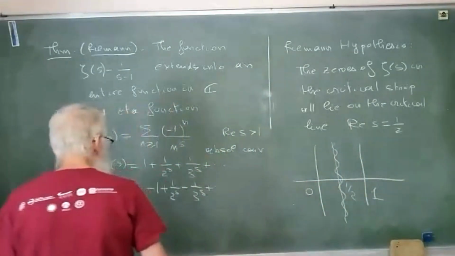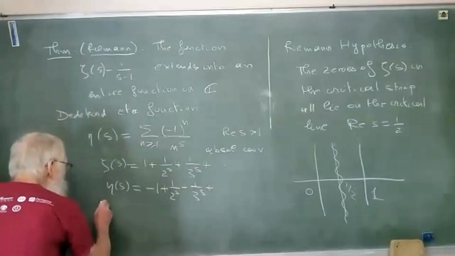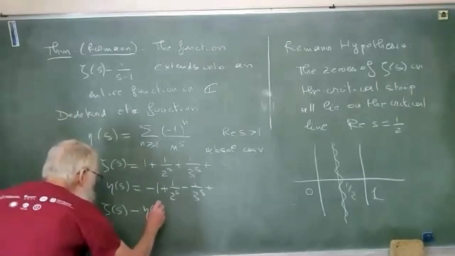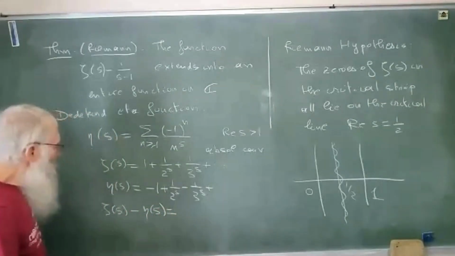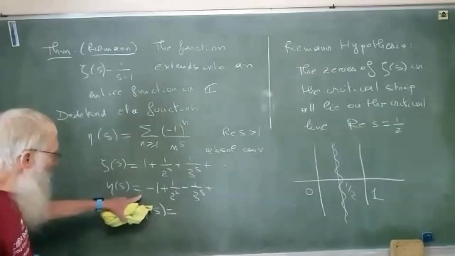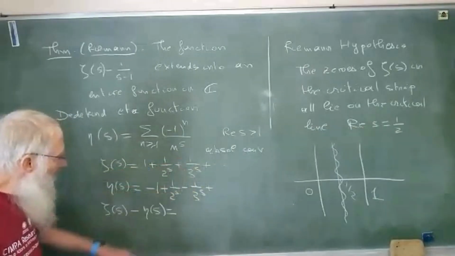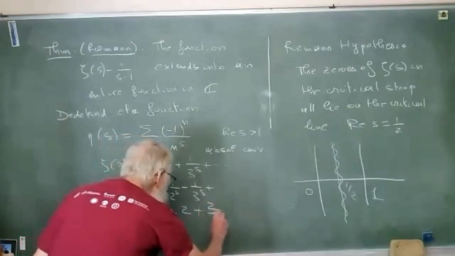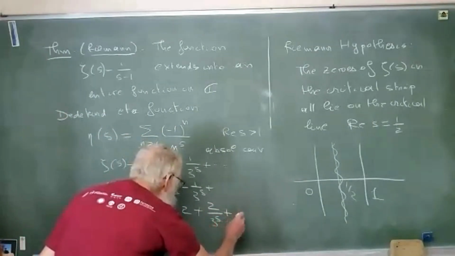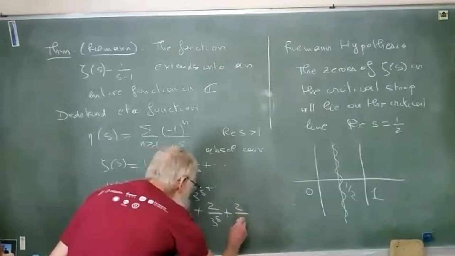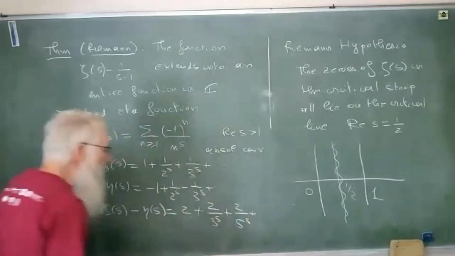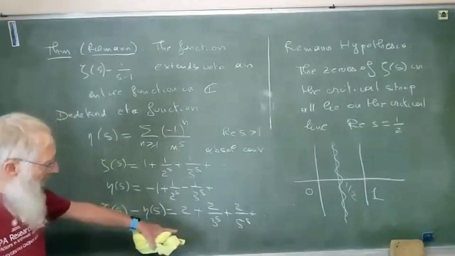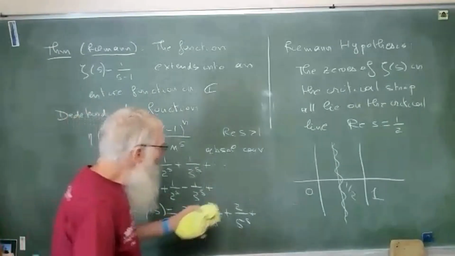So if we take zeta of s minus eta of s, we have 1 plus 1, which is 2, and then 2 divided by 3^s. So it is 2 plus 2 divided by 3^s, plus 2 divided by 5^s. So we have the odd denominators with the exponent s and twice this.